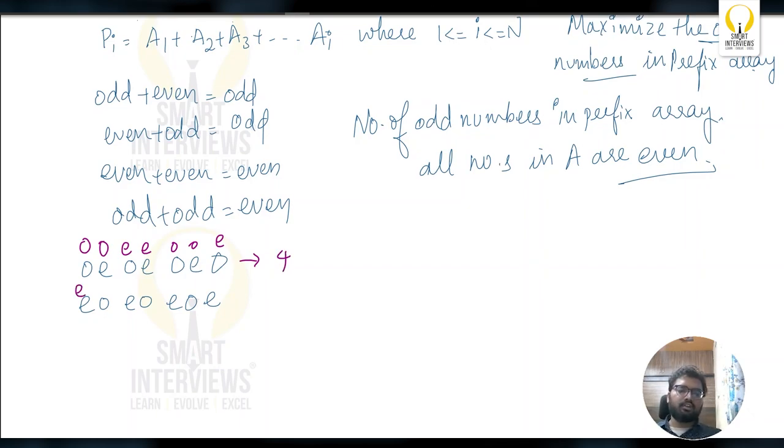Similarly, if we place even, odd, even, odd, even, odd: even plus odd is odd, odd plus even is odd, odd plus odd is even, and even plus even is again even.